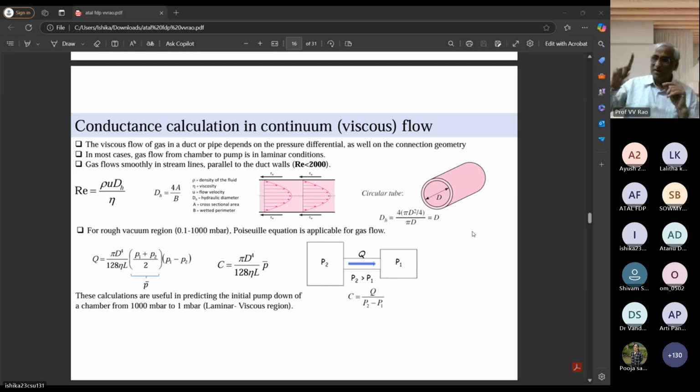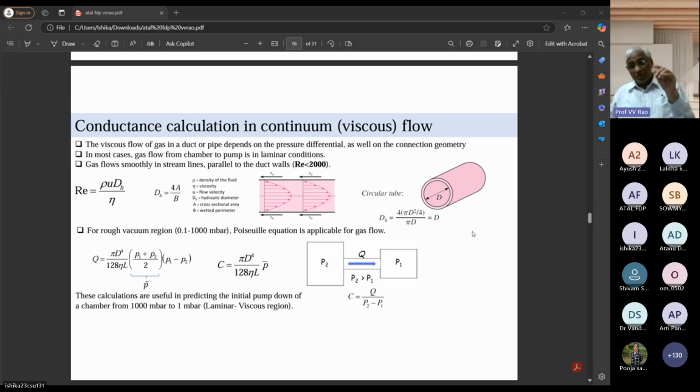Viscous flow is subdivided into viscous turbulent and viscous laminar. At higher pressures, we normally encounter turbulent flow. In vacuum, right in the beginning, the first few seconds, it will be turbulent from 760 torr to maybe 500 torr. Afterwards, when smooth flow is established, it is laminar.